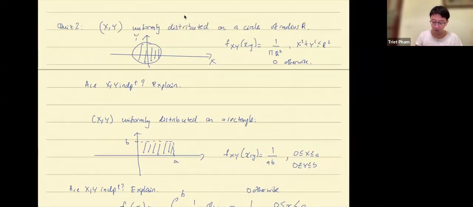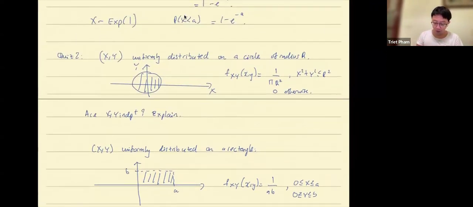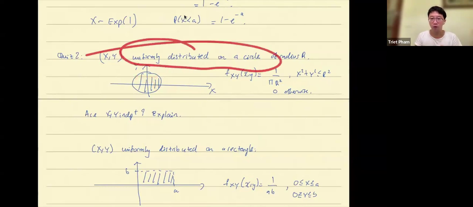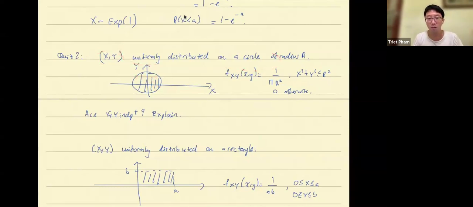Here's a question. We do know that the distribution of X depends on Y, etc. But even for a fixed X, let's say, is Y uniform from here to here? Is that true? Or for a fixed Y, is X uniform from here to here? In other words, if you have a joint uniform on a circle, are the marginals uniform?